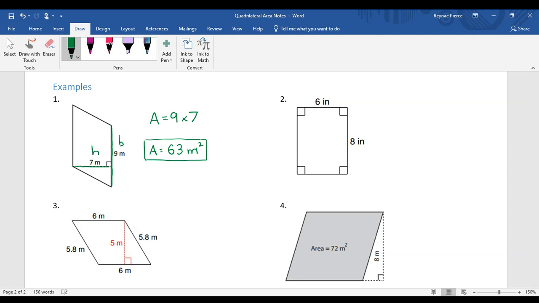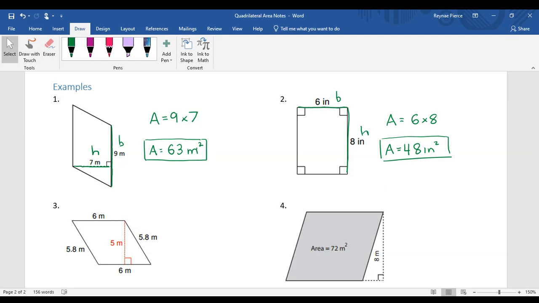Okay. This next one is a rectangle. Base and height are given to me again. So I multiply 6 times 8 for an area of 48 square inches.